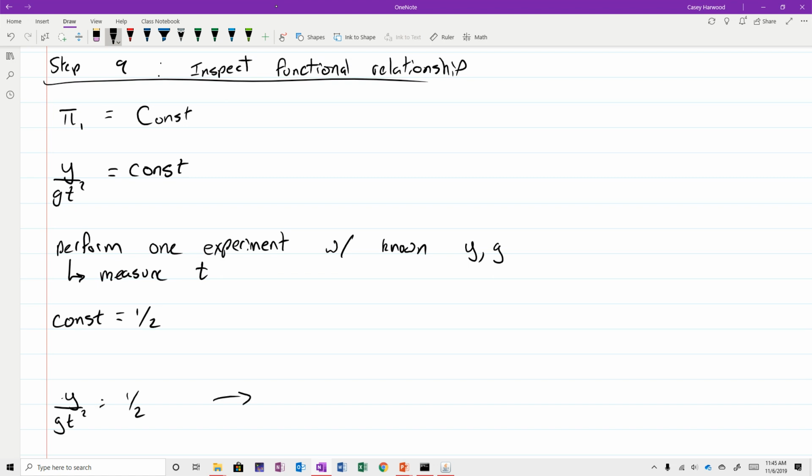We can reorganize this to get y is equal to 1/2 g t squared, which looks a whole lot like what's derived early on in trajectory planning physics and dynamics, but without any of the calculus. So from a purely dimensional analysis approach plus one experiment, we can get to the same thing proposed by Newton.